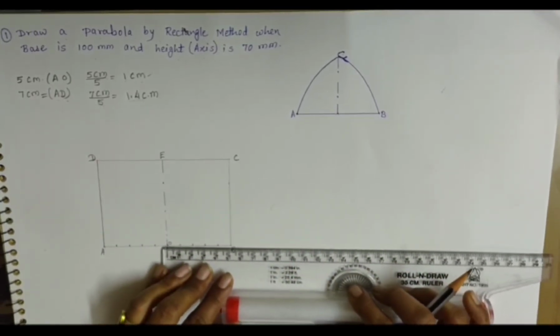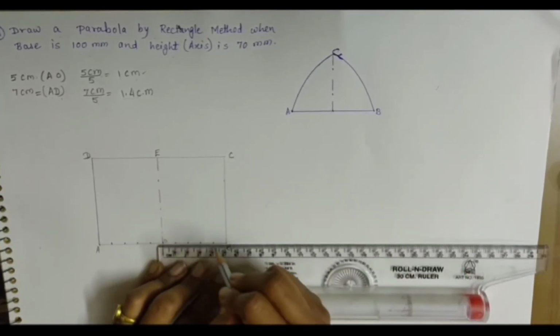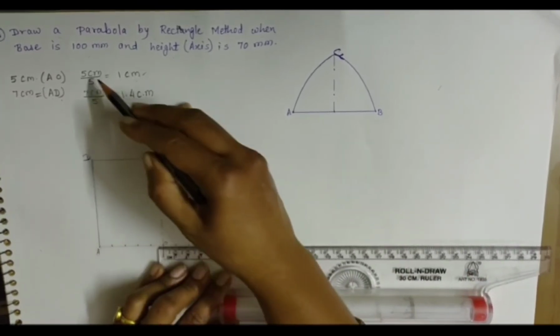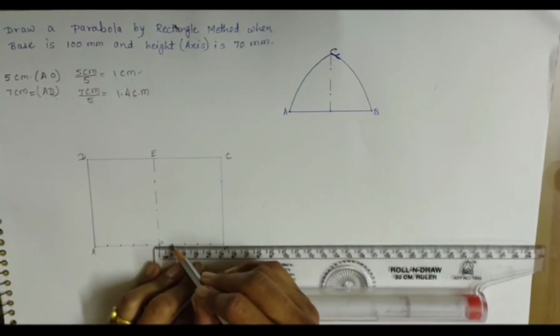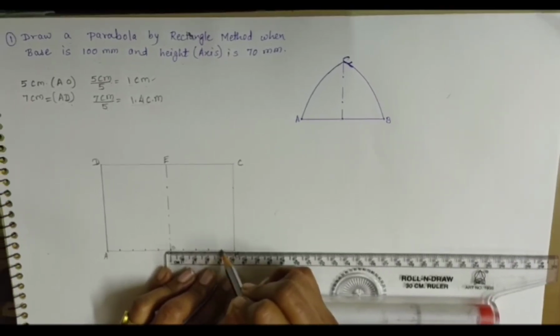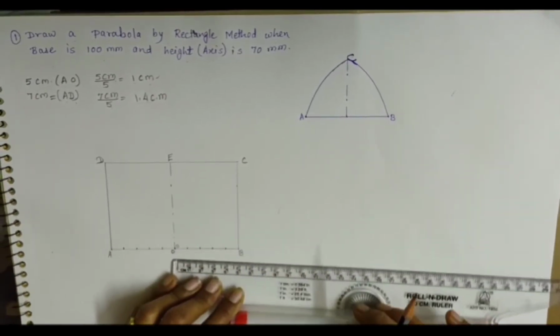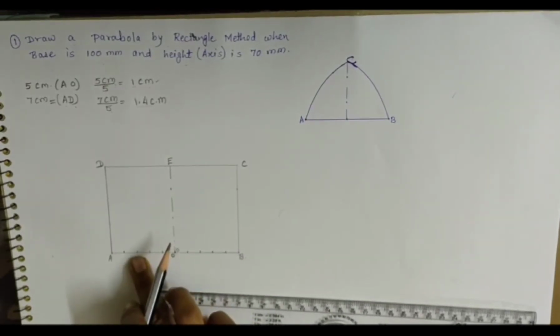In the similar way, the OB line will be divided in the same 5 equal parts and each part will be of 1 centimeter. So I will take 1 centimeter, 2 centimeter, 3 centimeter, 4 centimeter and 5 centimeter. In this way, I have divided this AO in 5 equal parts.